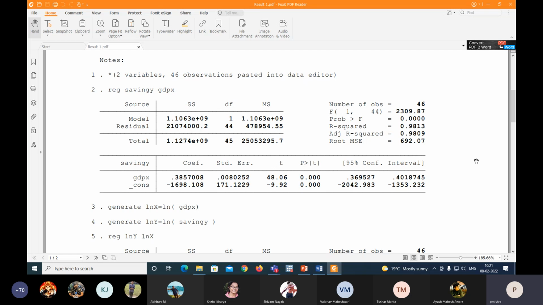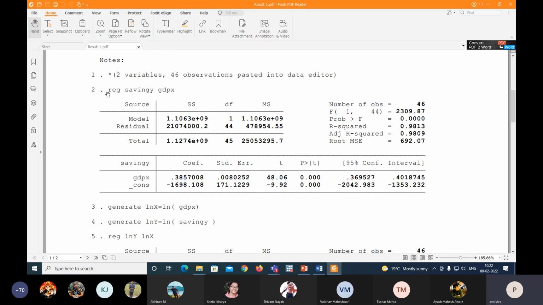So the first part of this result sheet, if you see, it is basically the estimated model in arithmetic scale. Am I right? The model is estimated without making any log transformation of the variables. Isn't it?